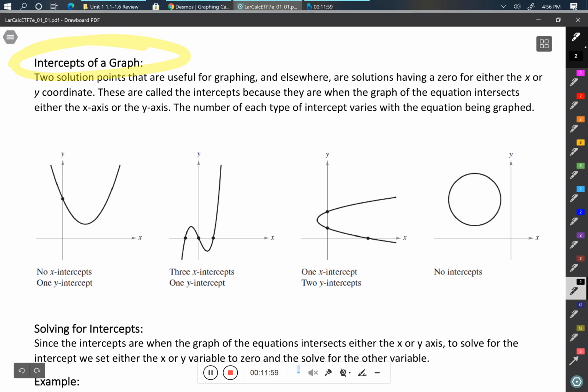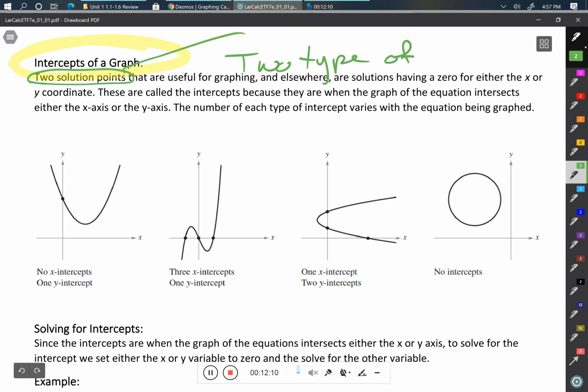Right? Now, I want to be careful about this because this starts out by saying 2 solution points, and really it should be 2 types of solution points that are useful for graphing, because it isn't just that there are always 2 points, it's whatever it's got. So if you take a look at our pictures here, this one has 1 intercept because it only crosses the y-axis.